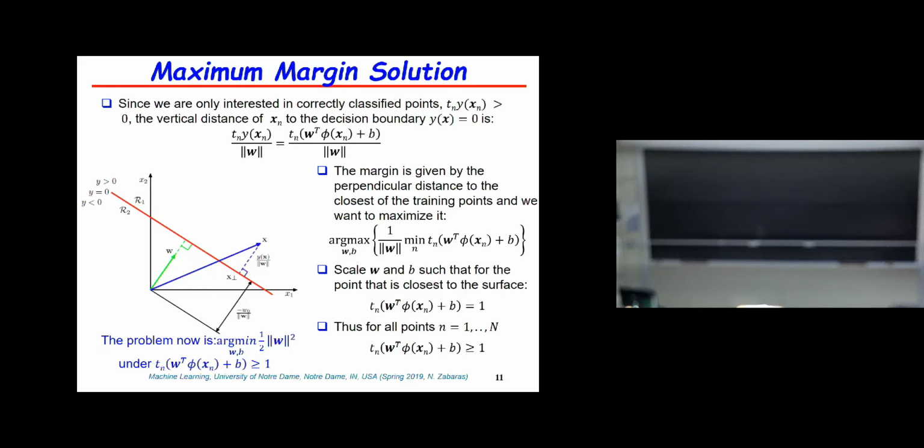They're maximum margin classifiers. So you first find the closest point n to the separating hyperplane. That effectively defines the margin, and this margin is defined in terms of W and B. Now maximize with respect to W and B, and this will lead us to this whole algorithm that goes under SVM.